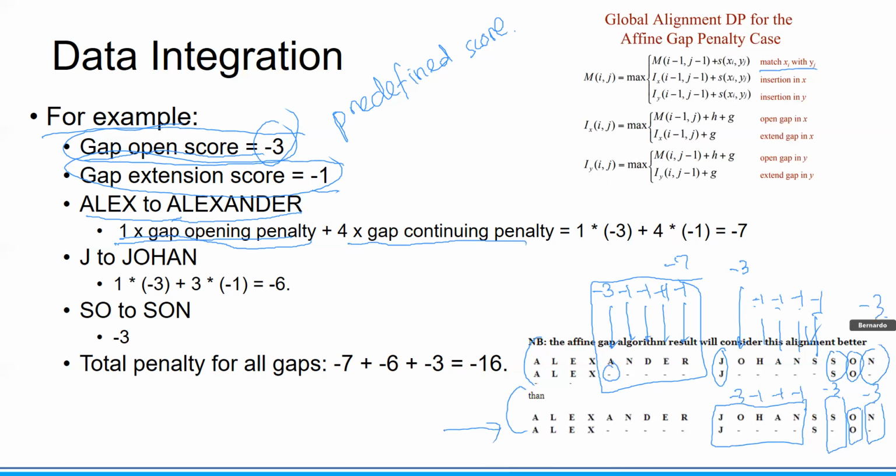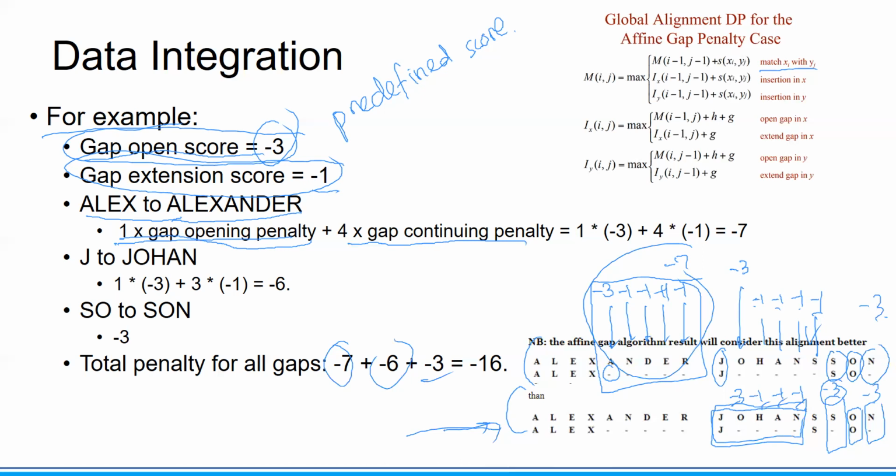So the cost of the total gap penalty: if we have this one, we have -7 because of the first one, and then -6 is from the Johan. So -3, -1, -1, -1, and then only -3.